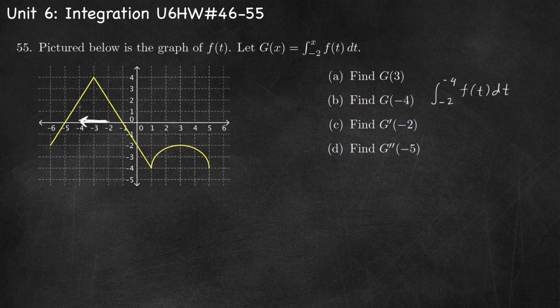If it was from negative 4 to negative 2, and maybe that's an easier way to think about it, we can go ahead and flip our sign. I can say, the integral from negative 2 to negative 4 of f of t dt is equal to the opposite of the integral from negative 4 to negative 2.